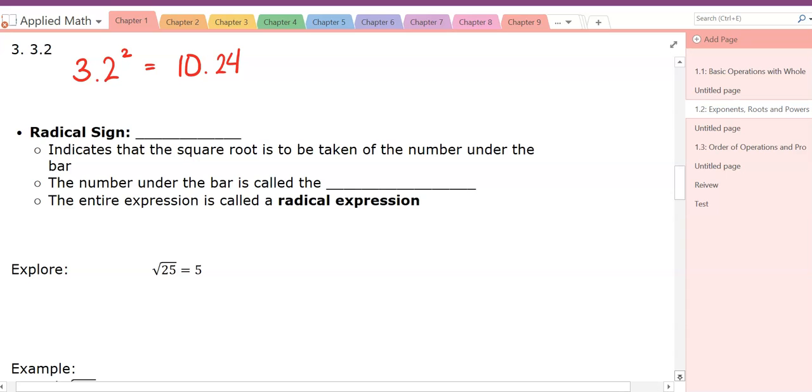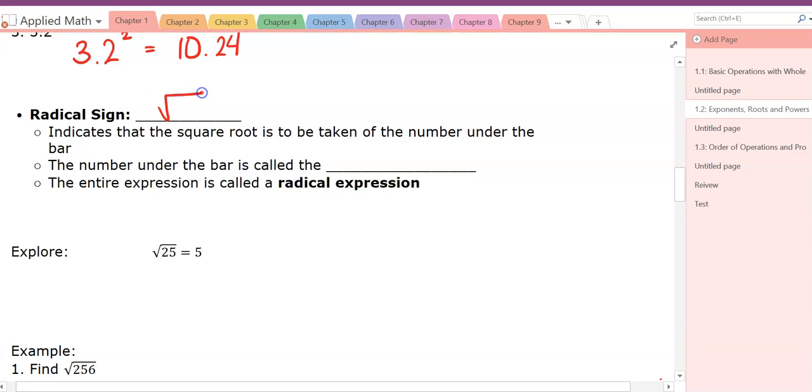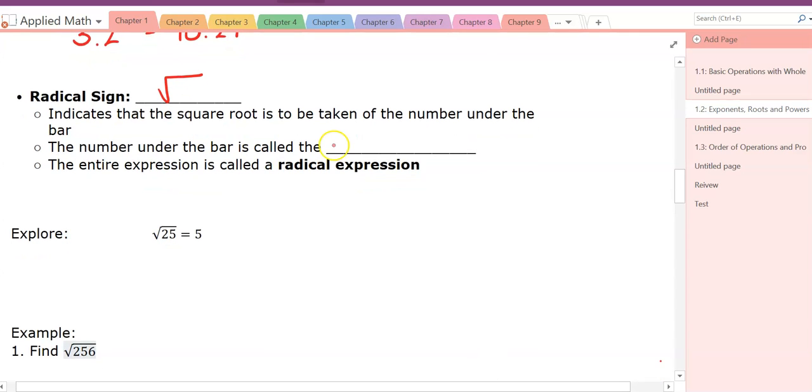So getting into perfect squares, we have those square root functions, and another word for that is the radical sign, and that's what that looks like. It's a little bit like a division sign, but it almost has this little tail off the front of it. That indicates that the square root is to be taken of the number under the bar. And the number under the bar has a special name, and it's called the radicand.